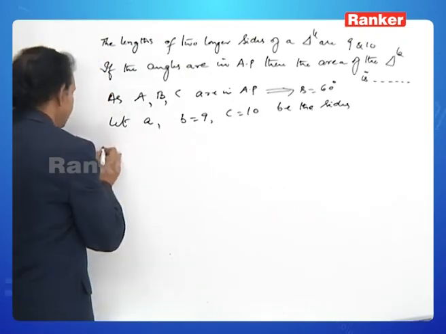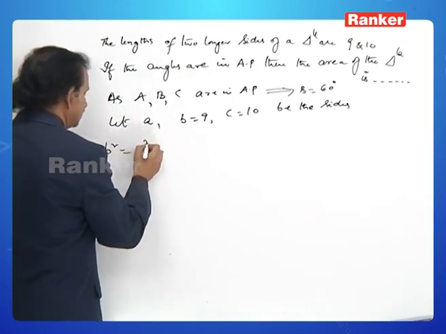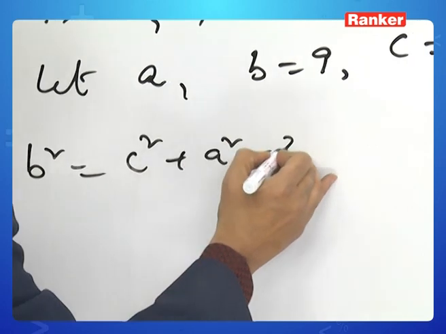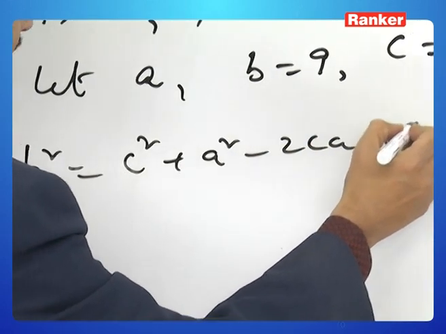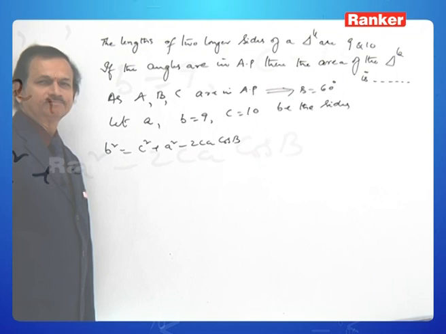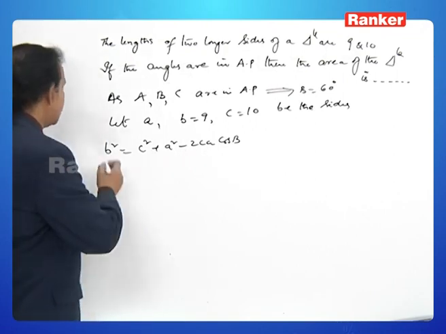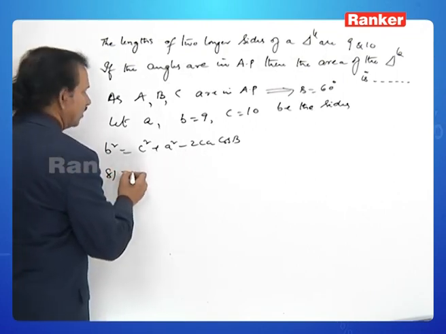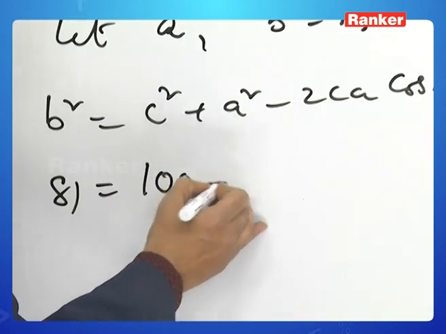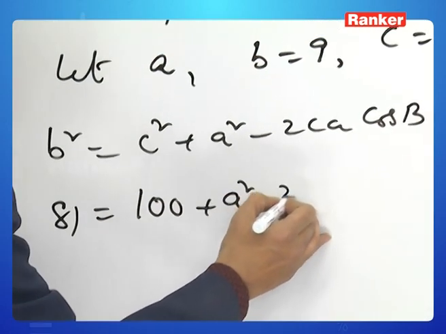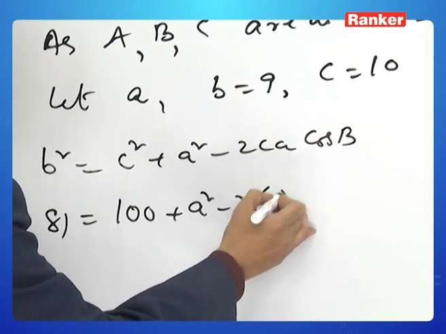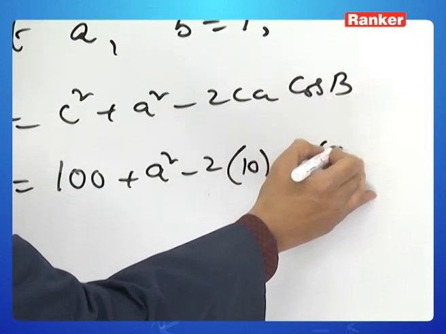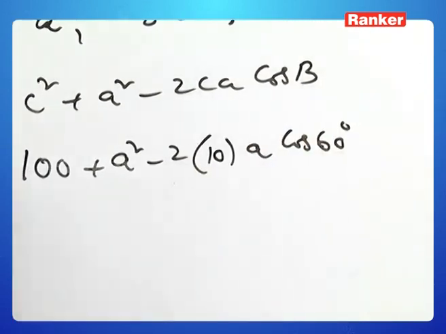We have b square is equal to c square plus a square minus 2ca cos B. Am I correct? Yes. What is b square? 81. What is c square? 100. What is a square? Not known. Minus 2 c is 10, a not known, cos B, cos 60 degrees.